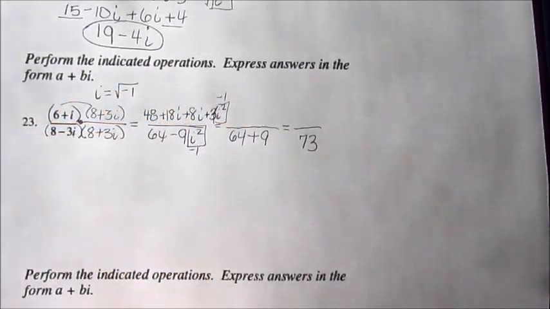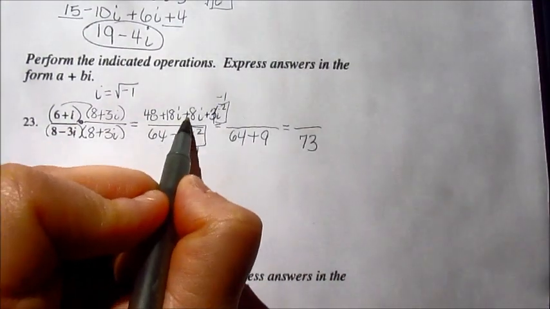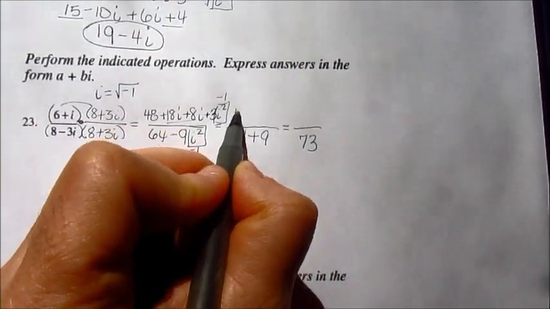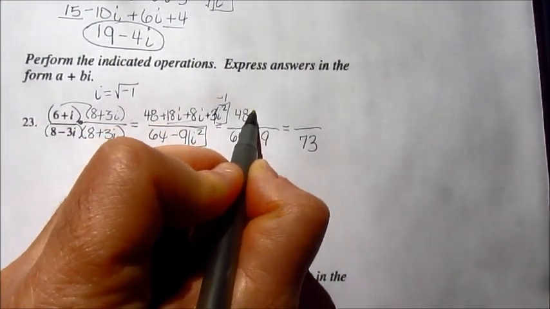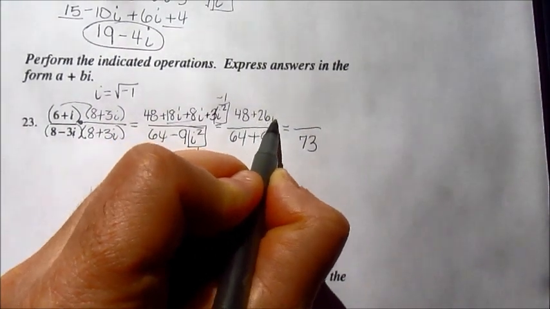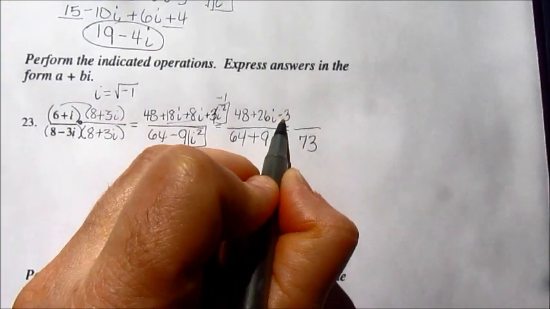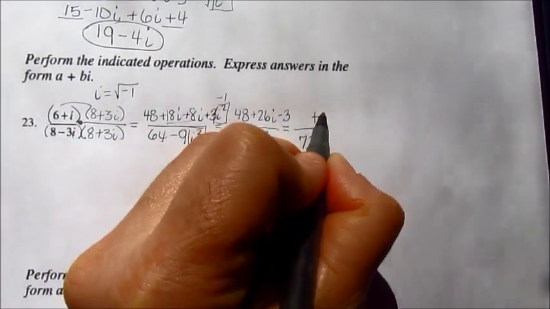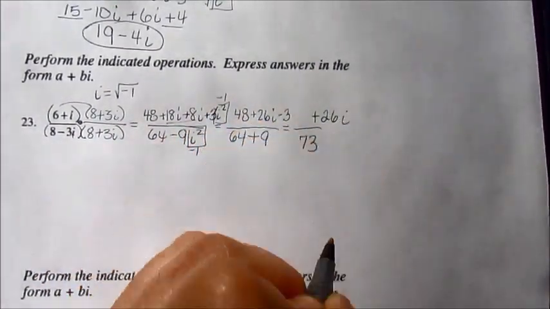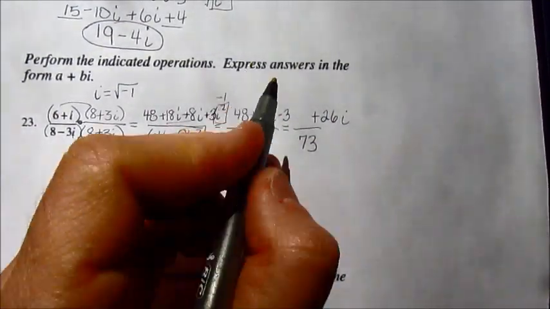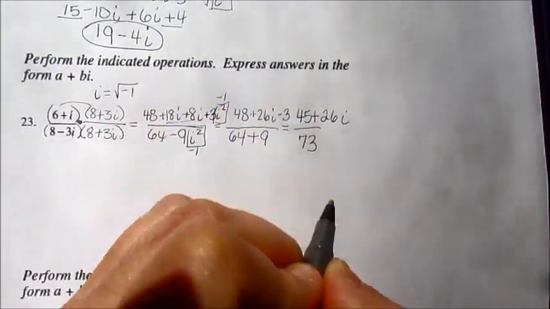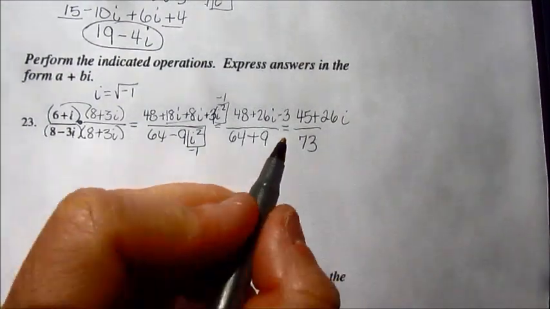That is negative 1. So what we have, I'm going to combine these middle two first. 48 plus 26i minus 3. These two combine. We do have the positive 26i. 48 minus 3 is 45. There is not much you can do with that.